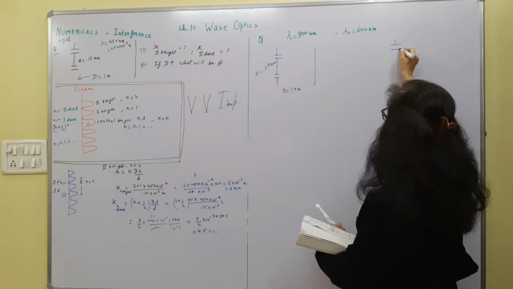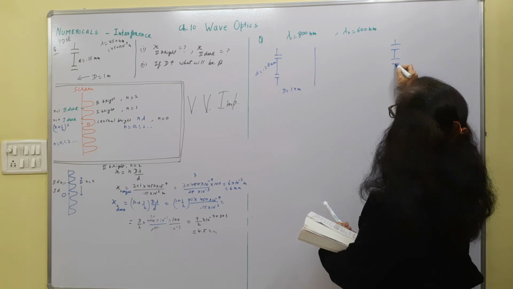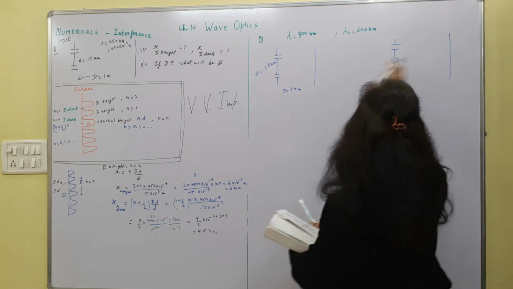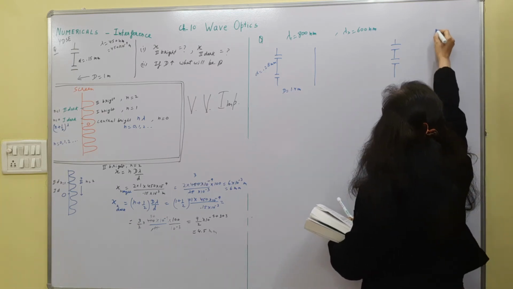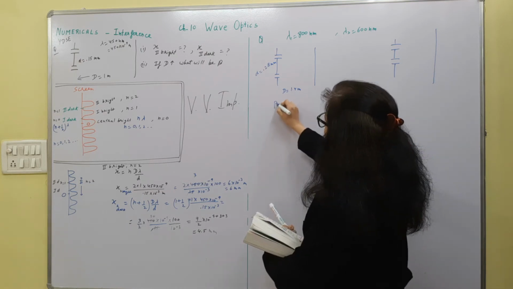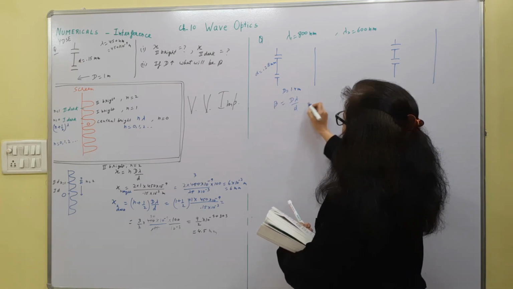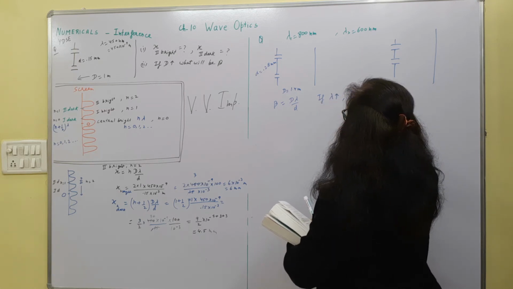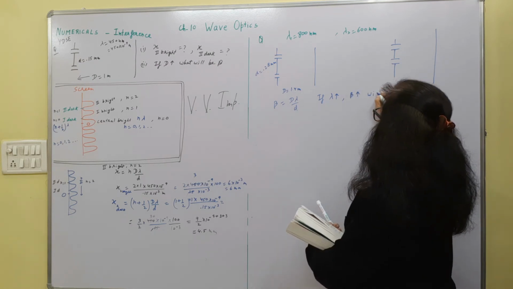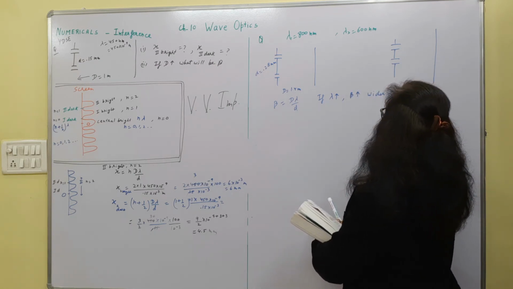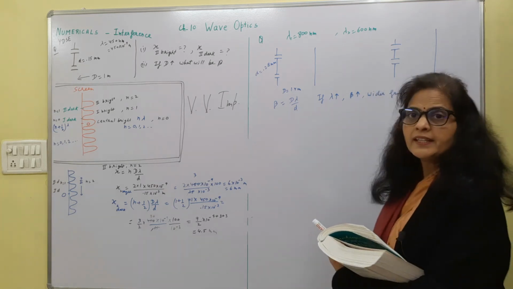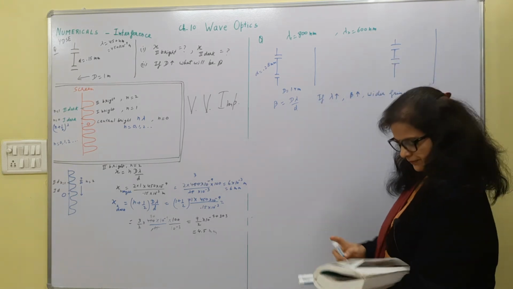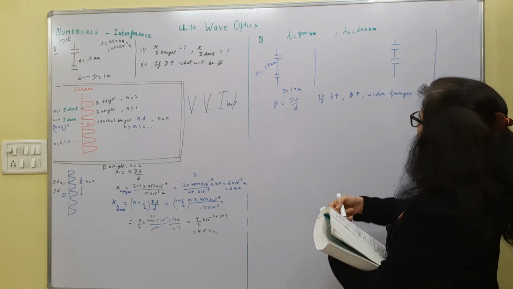The setup will remain the same in both the cases, right? Here the lambda is 800 and here the lambda is 600. So we know that fringe width is D lambda upon d. So if lambda is more, then beta is more, means wider fringes, right? So we know that any two consecutive fringes will overlap, any one.